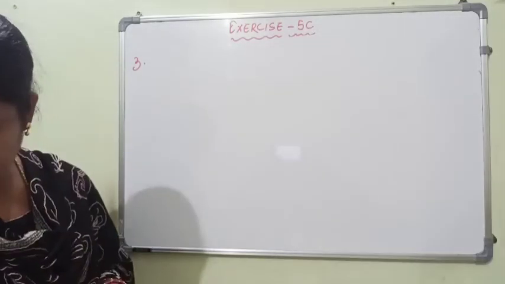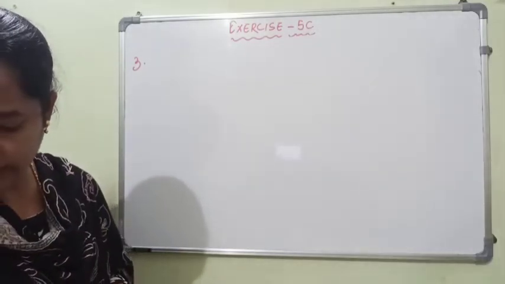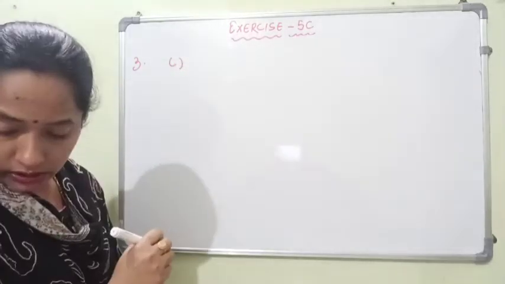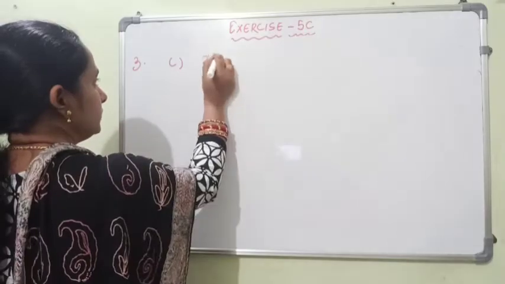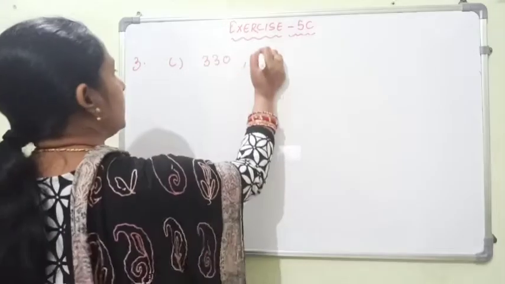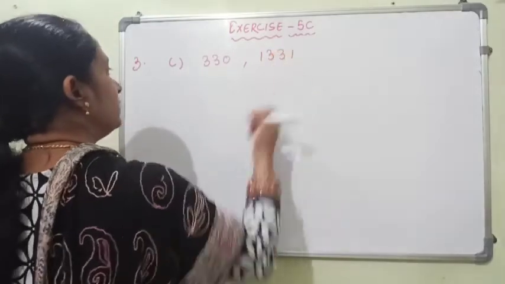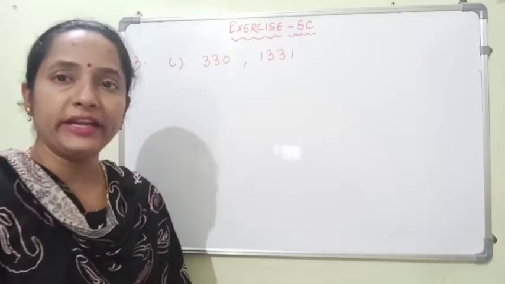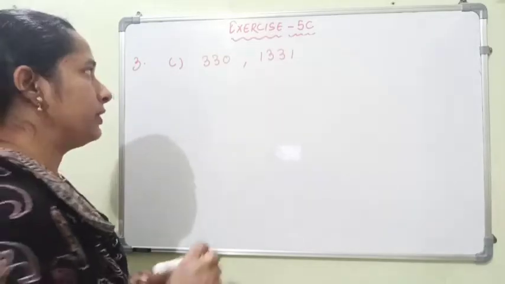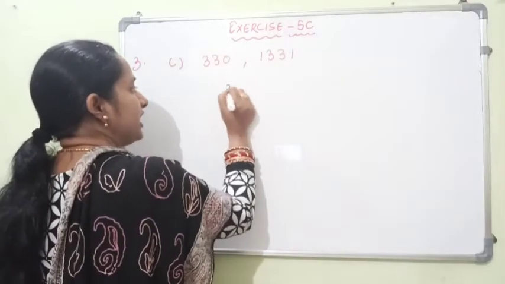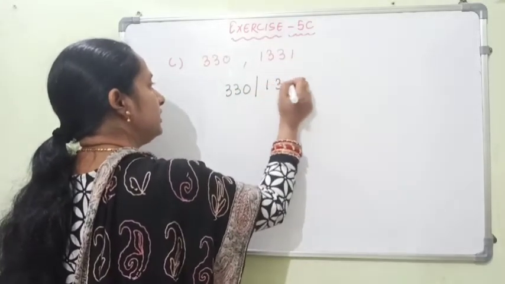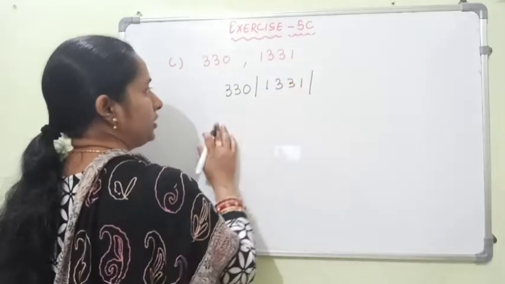So from this I am doing one for you, that is part C. 330 and 1331. So we have to find the HCF here by what method? Long division method. So what we have to do? We have to select the smallest number as divisor and the largest one as the dividend and continue our division.